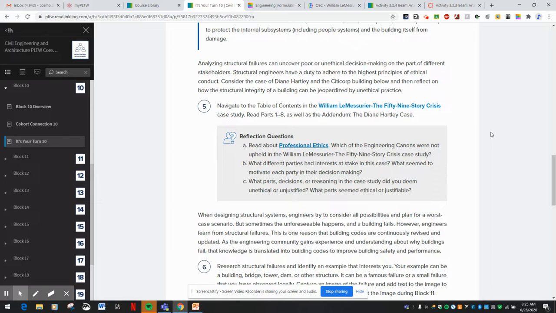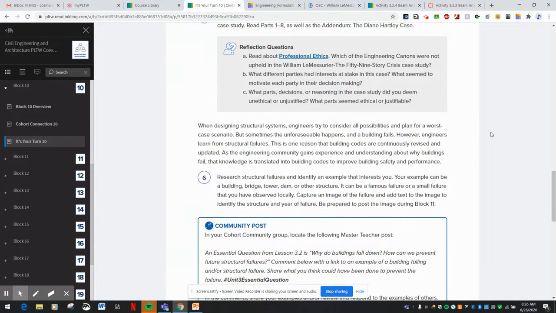So we're going to read about professional ethics, which is very important in engineering. Very important for the students to understand that there is an ethical responsibility. That is why we stress it is essential that they learn it.